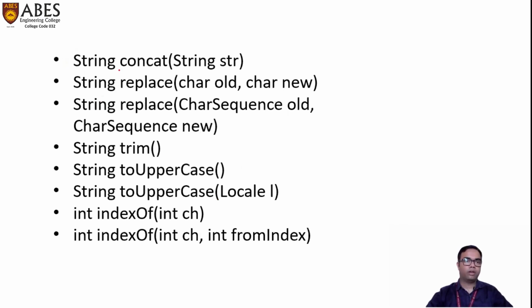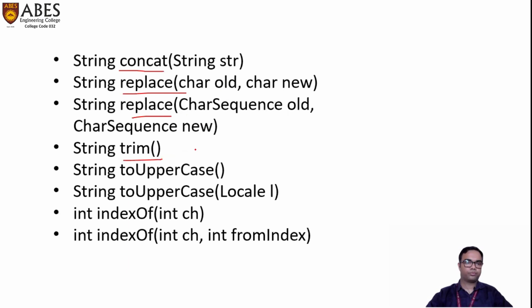We have concat, we have already done this. We can replace a particular string with a new character sequence. We can have these two methods for the character as well as for the string also. Means for replace, we can use it for the character as well as for the string also. Now we have the trim method. It will remove the spaces from the beginning as well as the end of the string.